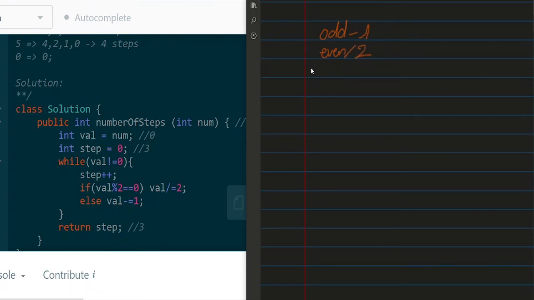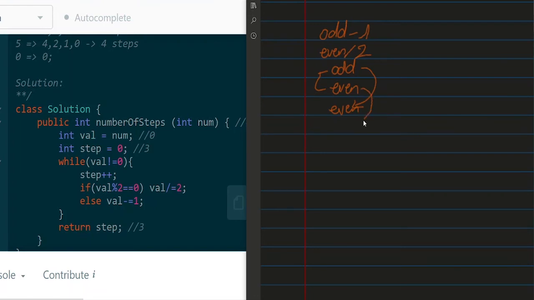And then the question is, what do we get after the even number divides itself in half? We could get an odd number or an even number, right? And if we get an odd number, the next iteration would become even. So let's just say that we get an odd number every time, which is the worst case scenario because it's going to take additional operations to become even.